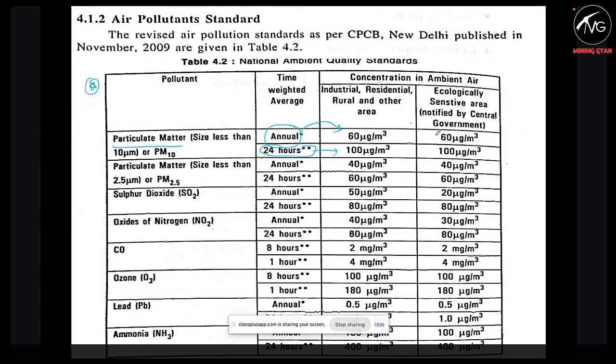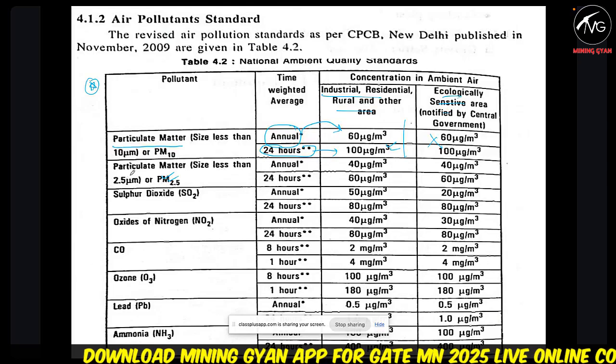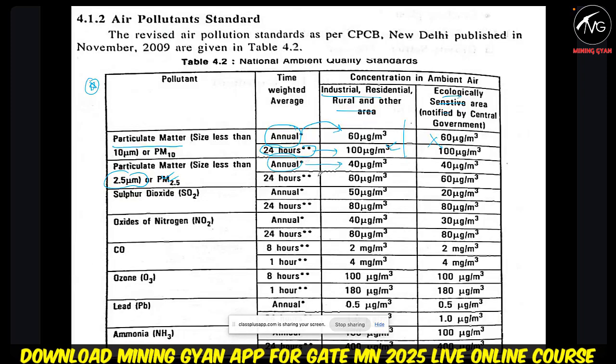And ecological sensitive, both are similar, so do not need to worry, because both are similar for the industrial, residential as well as the ecological sensitive. Particulate matter which is less than 2.5 micrometer, annual limit is 40, 40 60. This is also similar, so do not need to worry. Sulfur dioxide, annual is 50 and 24-hour is 80. So like that you have to remember.